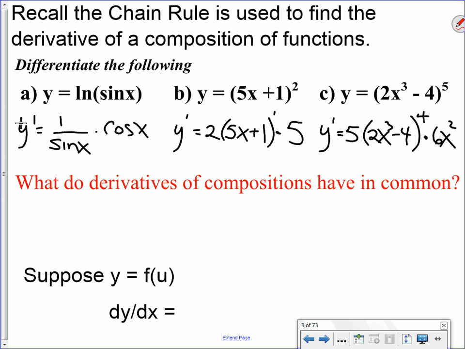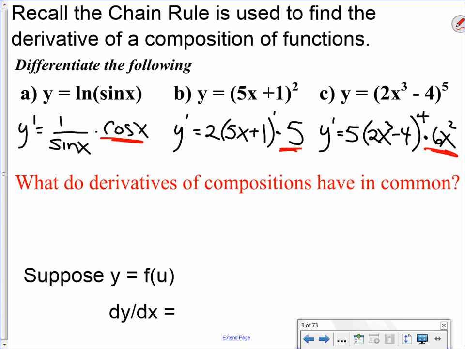Every one of these has this guy trailing along. And who is that guy? Where does he come from? Yeah, that's just the derivative of the inside. So if we even hope to work a composition of functions backwards, we've got to have the derivative of the inside sitting there to begin with.